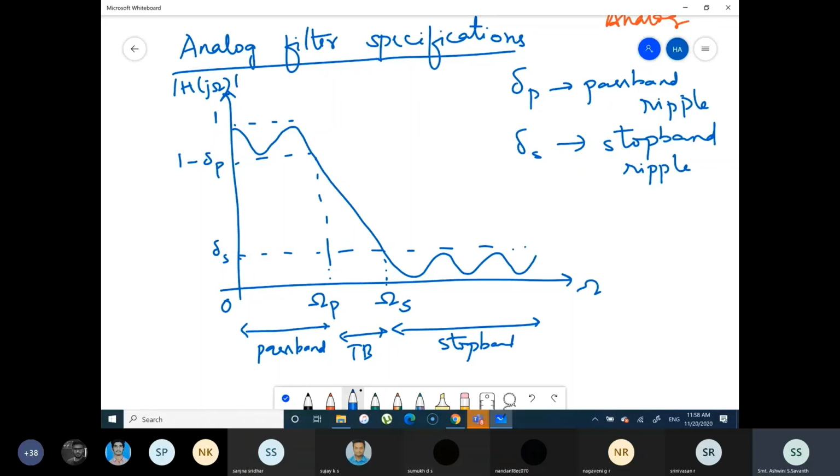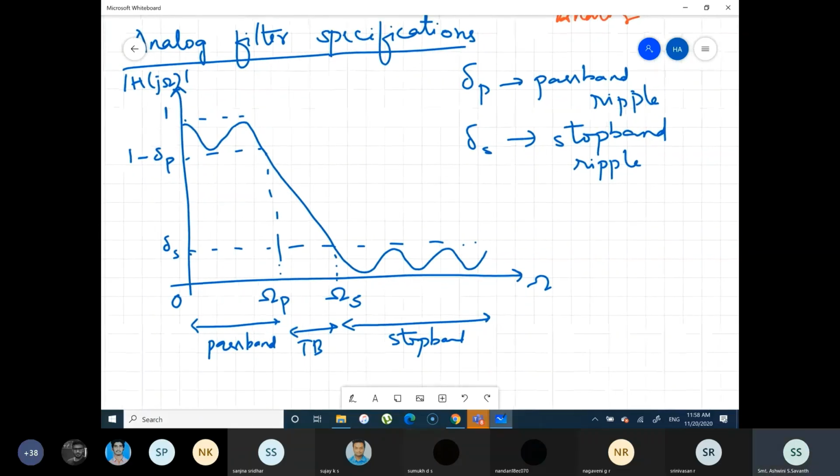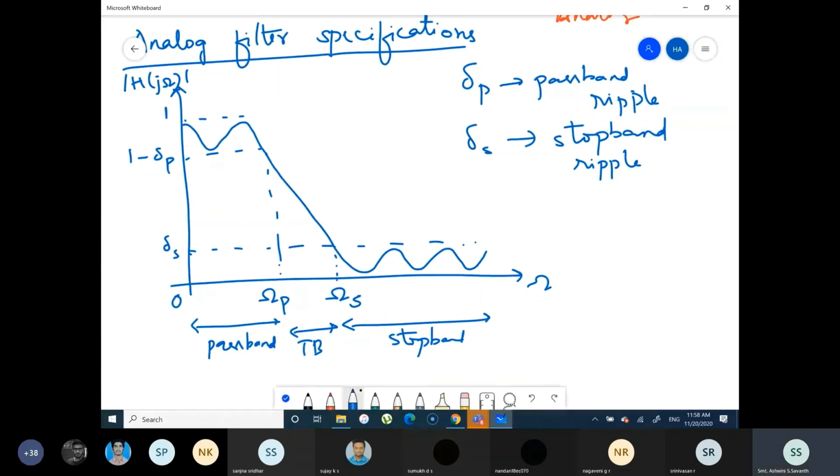So how we write the mathematical representation is, just write it here itself.